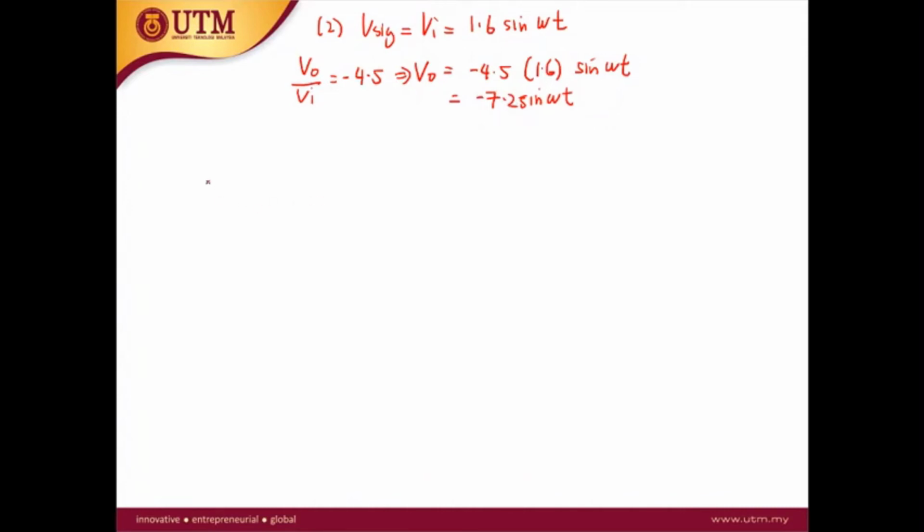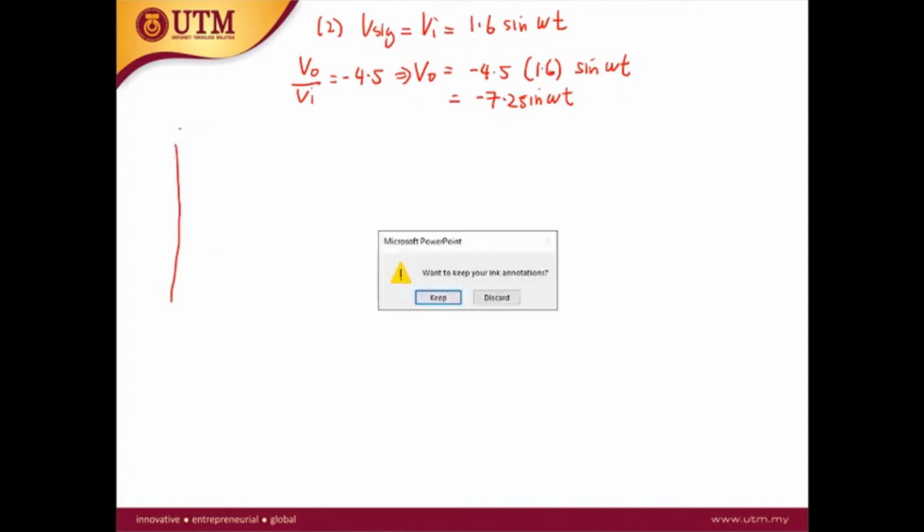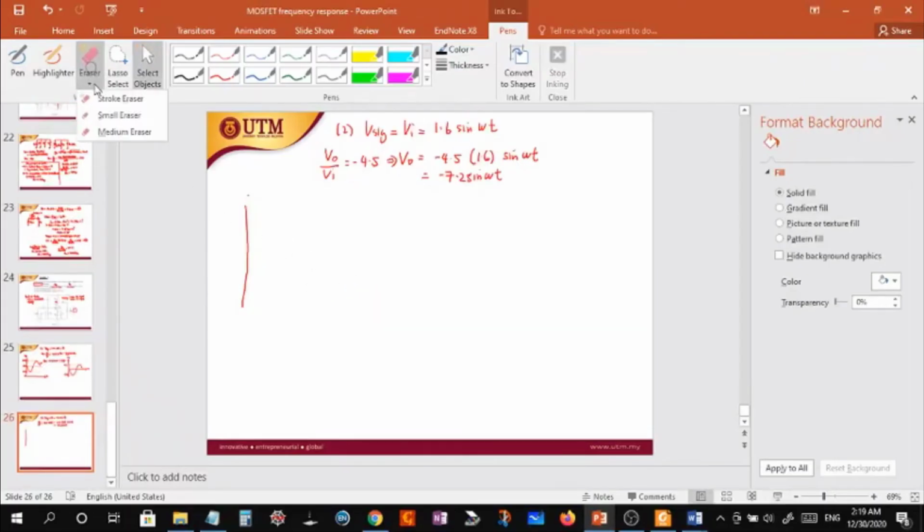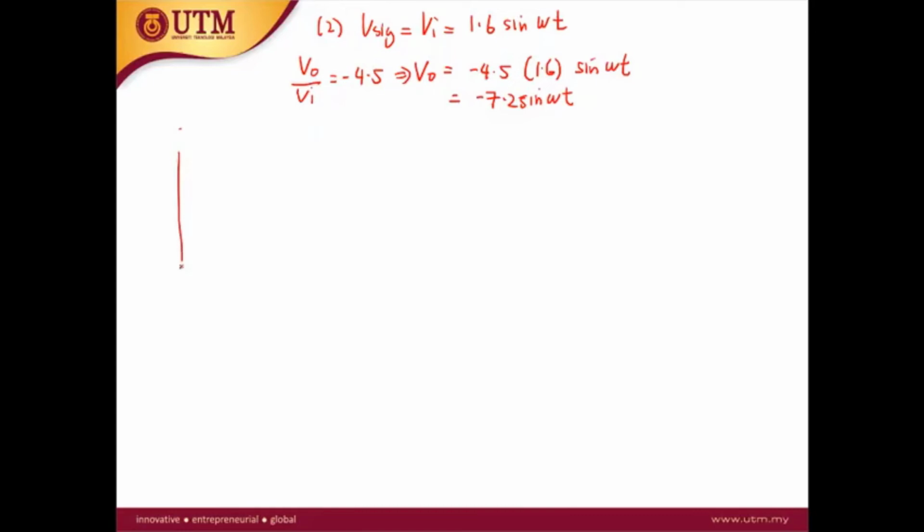Okay, again we draw the waveform. Let's draw the waveform at the drain first. This is the VD, and this is the time. The initial point, or the Q point, at the VD is 6.85.